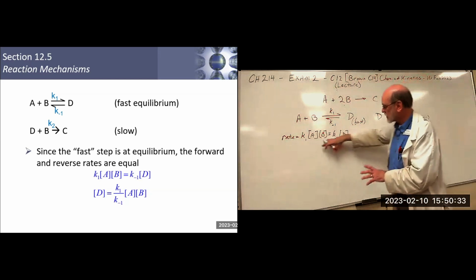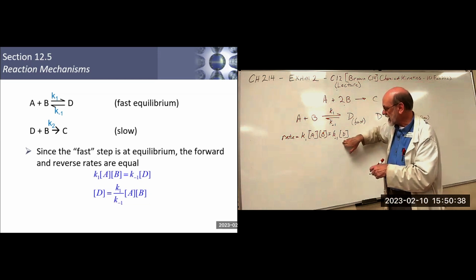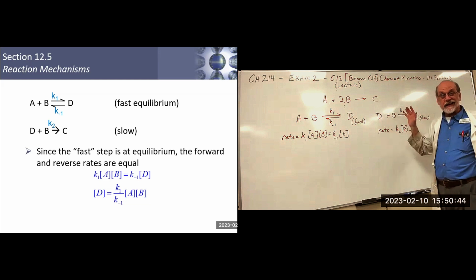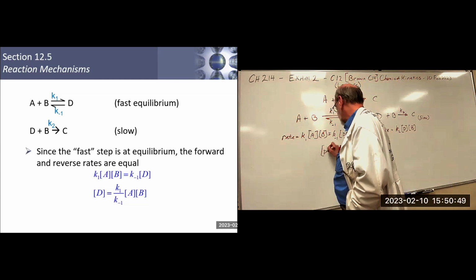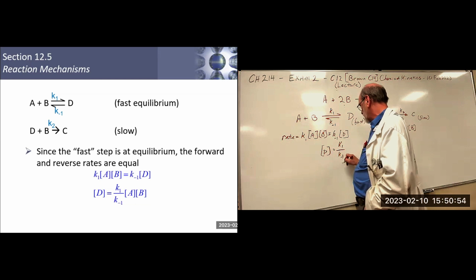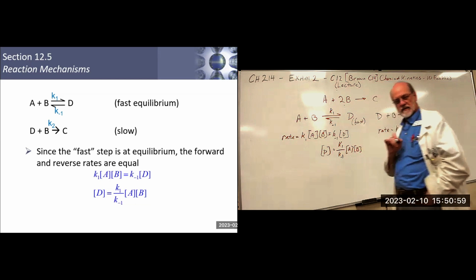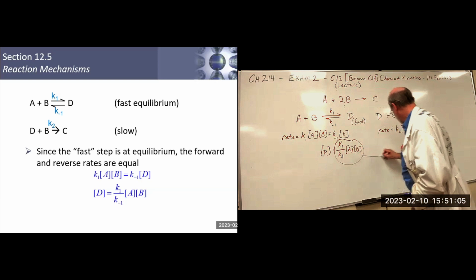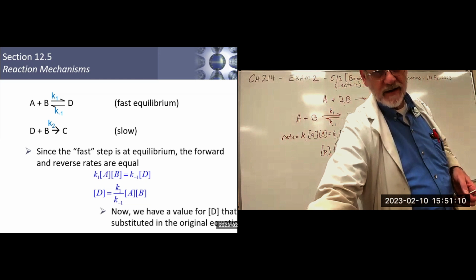Now we want to solve this equation here for D so we can plug it in here, because if we solve it for D, then everything that's not D is on this side and it goes in here and we got rid of D. So if we solve for D, the concentration of D is equal to K1 over K minus 1 times A times B. Now we substitute this right in there.